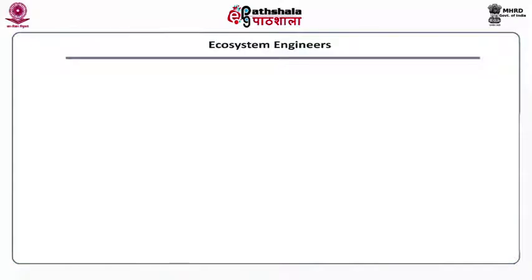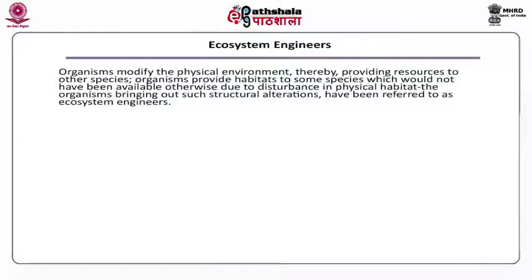The fourth category of keystone species is ecosystem engineers. Organisms modify the physical environment, thereby providing resources to other species. Organisms provide habitat to some species which would not have been available otherwise due to disturbance in the physical habitat.